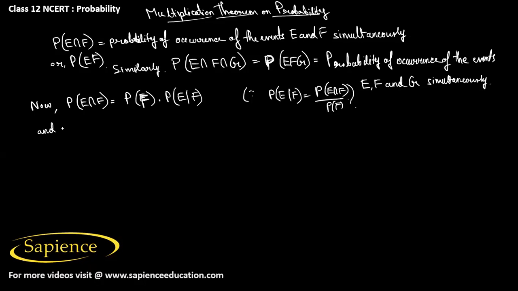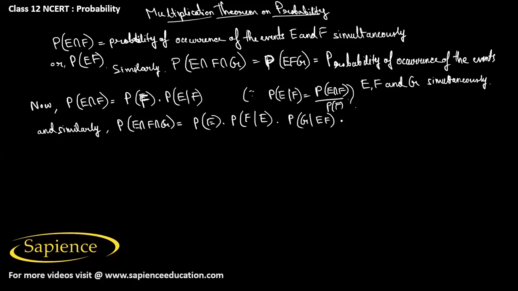Similarly, P of E intersection F intersection G can be written as P of E times P of F given E has happened, times P of G given E and F has happened.